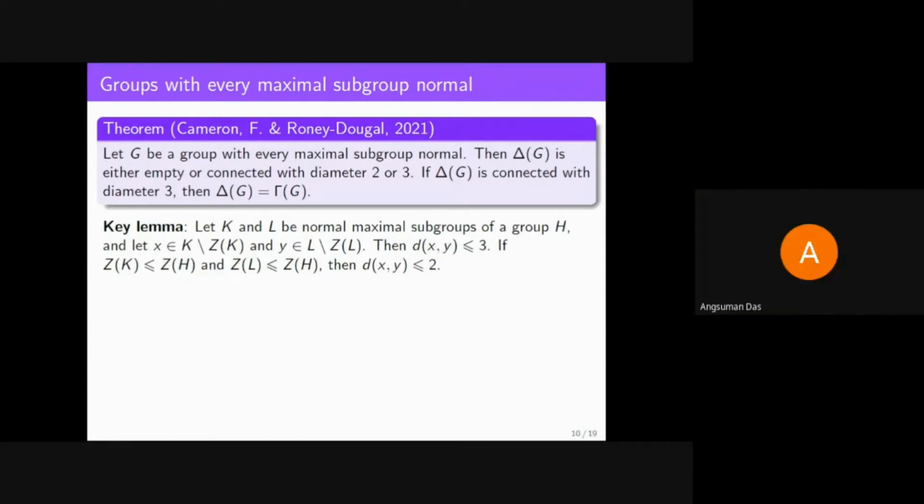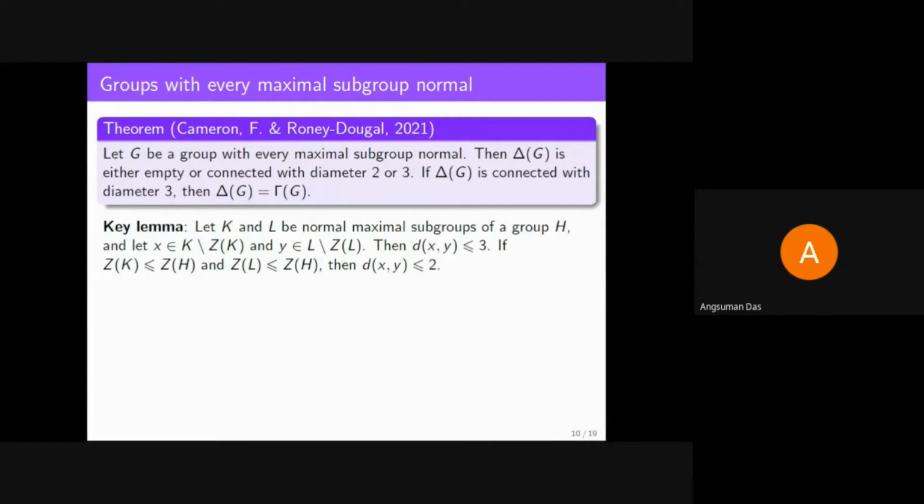Hello, Saul. This is Ongshuman. You first started with some graphs where the vertex set is the elements of the groups, like non-commuting graphs and so on. And then at the end of your lecture, you talked about graphs where the vertices are the subgroups of the group.